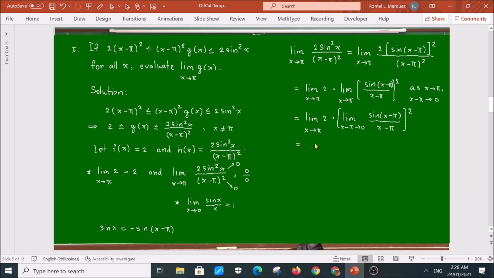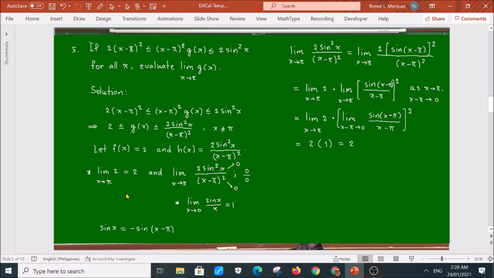Okay? So this is equal to 2, and the limit of this is equal to 1. It satisfies now the theorem: the limit of sine x over x as x approaches 0 is equal to 1. Finally, we get the limit which is equal to 2.